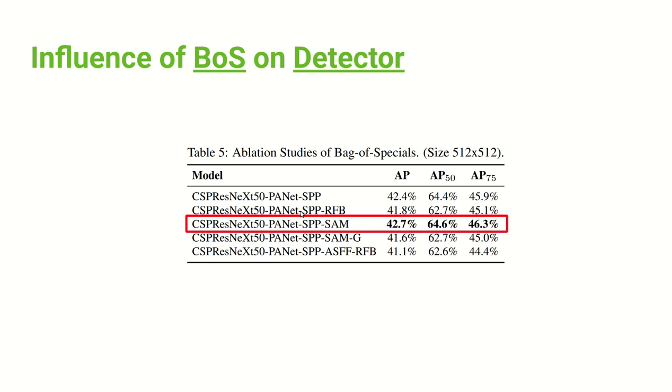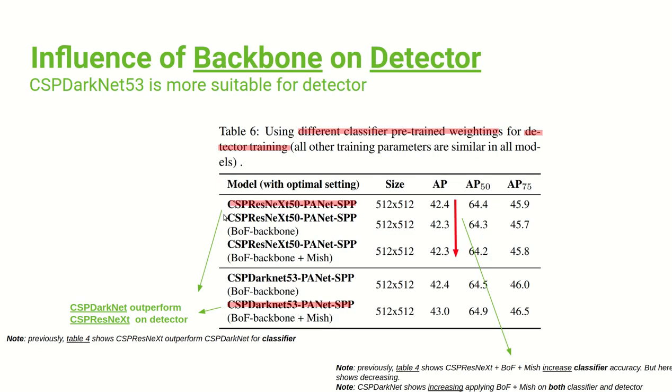We want a SAM, which is the spatial attention module. So the combination of these on the detector gives the best result. But they are still using ResNeXt for this because they are using the table from the CSP work. The CSP work only focuses on ResNeXt.